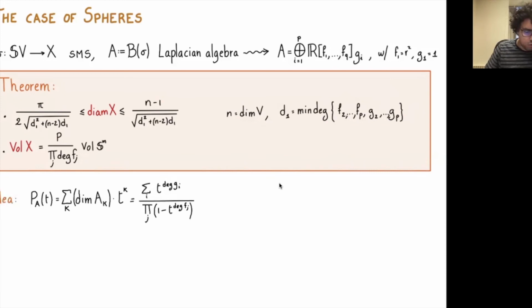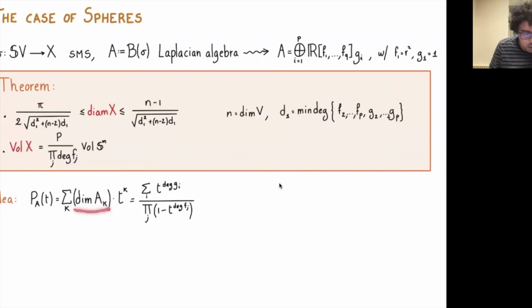It goes through looking at the Hilbert polynomial of the algebra A. The idea is simply that this algebra is a graded algebra, so you can look at the pieces of higher and higher degree, and you can look at the dimensions.